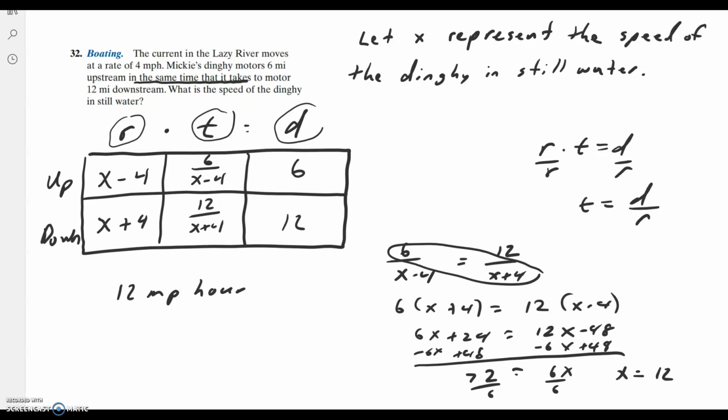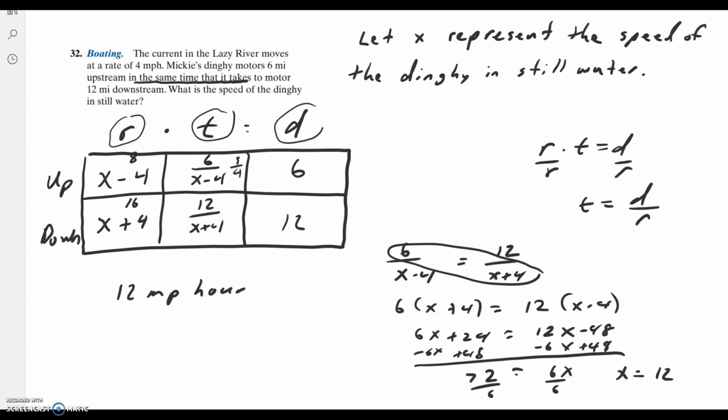And if we want to check that, we can put in 12 everywhere and see if it makes sense. If we put 12 here, it looks like the rate that we're going with respect to the land is 12 take away 4 or 8. Here, when we're going down, it's 12 plus 4 is 16, so we're going 16 miles an hour in effect when we're going with the water. Putting in a 12 here, we get 6 over 8.